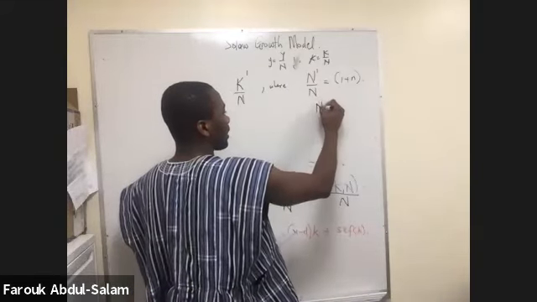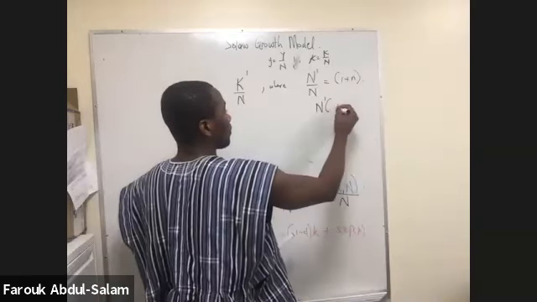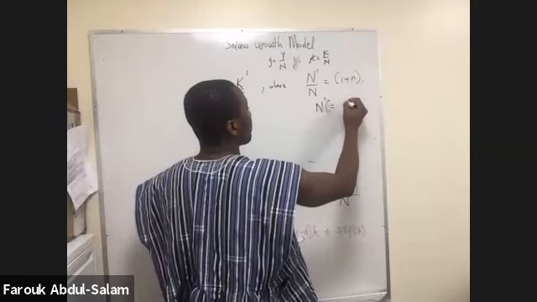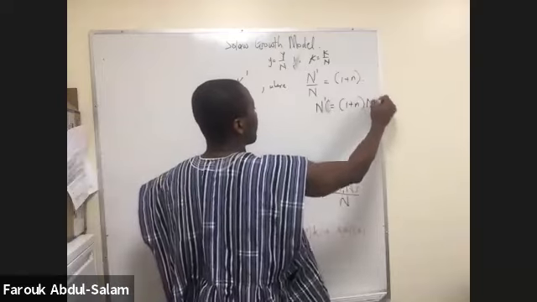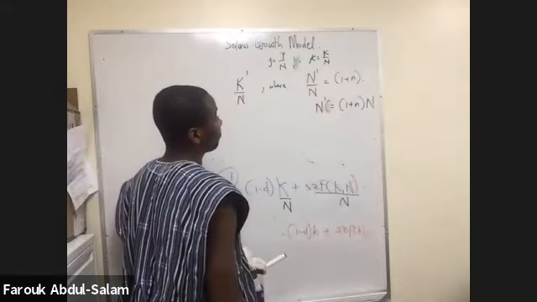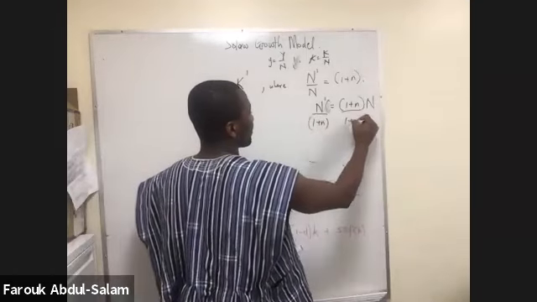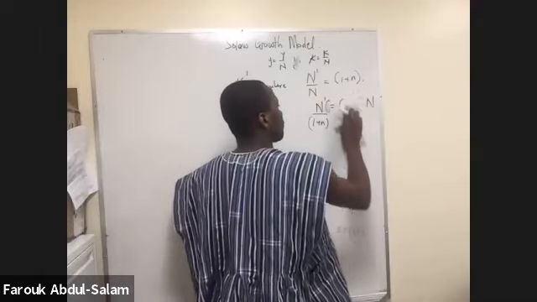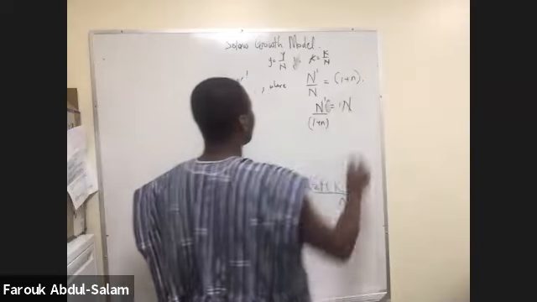I have n bar equals 1 plus n, multiplied by n, divided by 1 plus n.